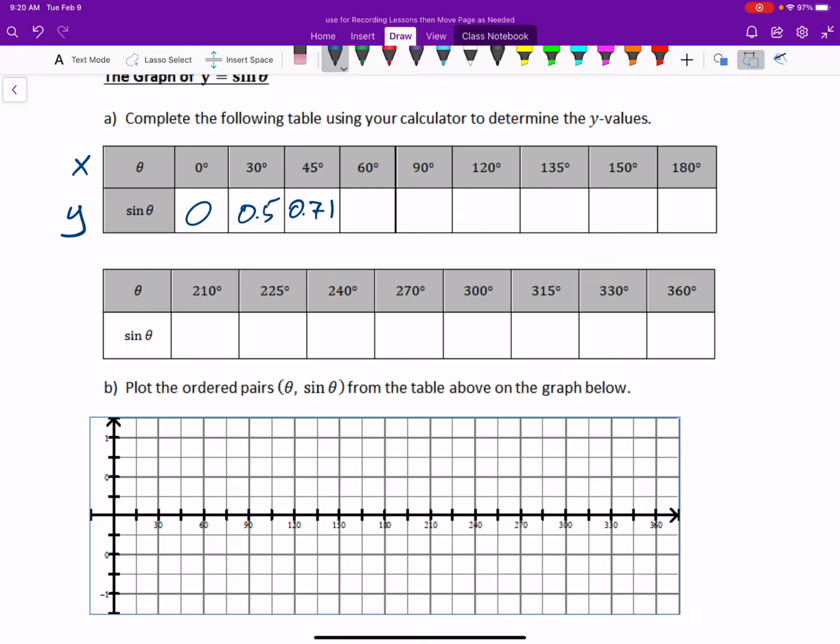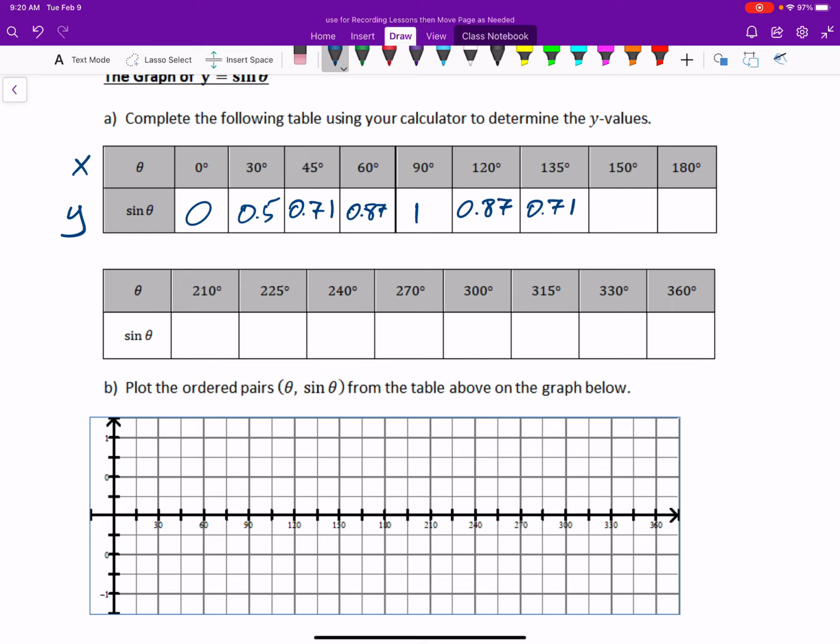Sine 60 is 0.87. Sine 90 is 1. Sine 120 is 0.87 again, it turns out. Interesting. Sine 135 is 0.71 again.